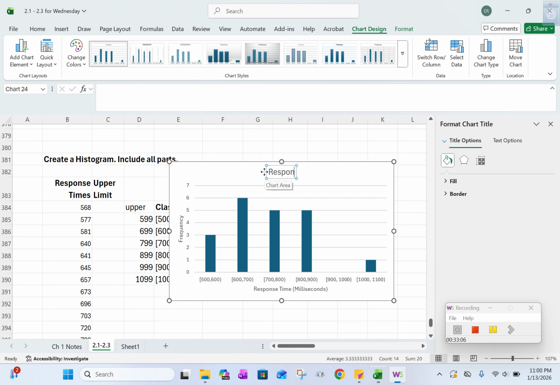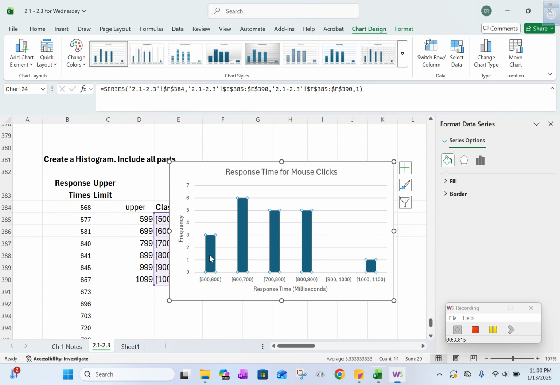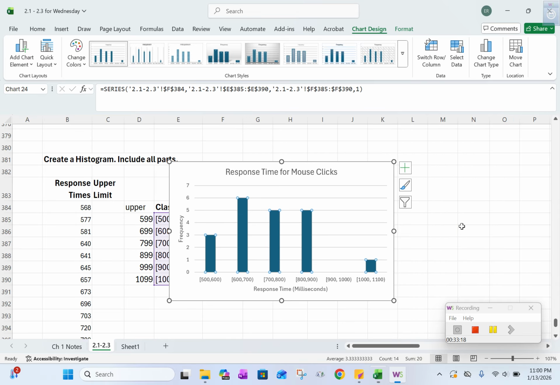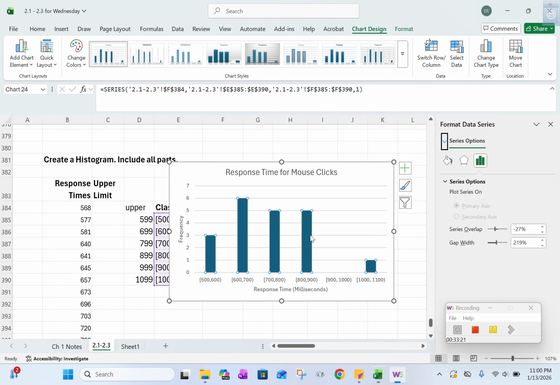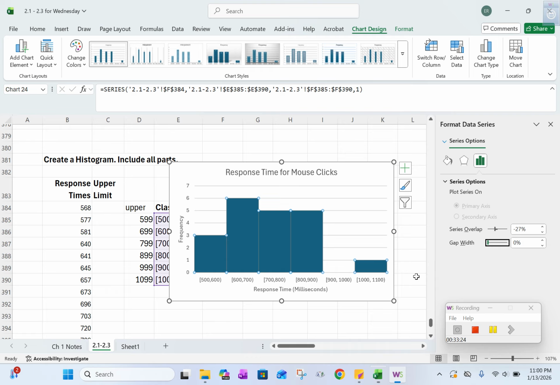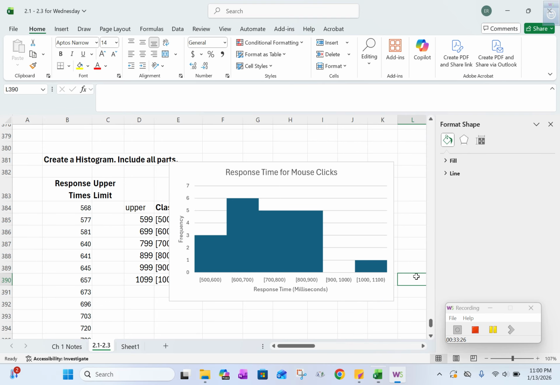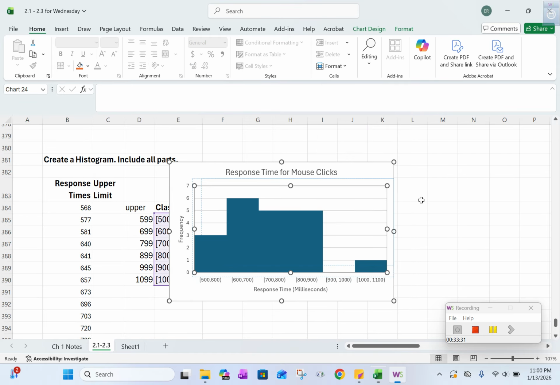And I'll just say response time for mouse clicks. Something along those lines. Last thing is we got to get rid of the gaps. Okay. If we double click on the bar, it'll auto pop up, change it to 0, and there it is. Okay. So we've got our histogram based on that.